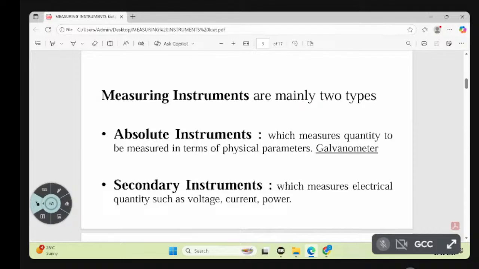Now, what is the value of voltage? So indicating, integrating, recording. Recording means every 1 minute the value is recorded.